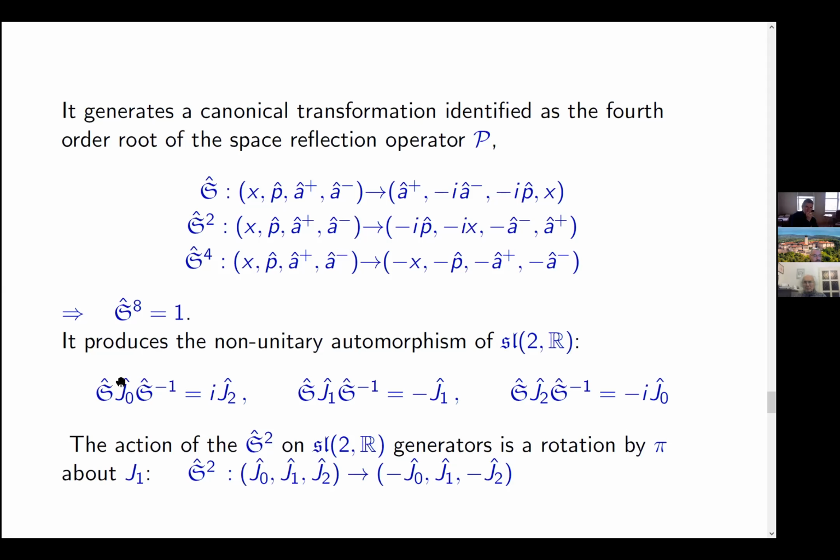Since the corresponding transformation is a similarity transformation, it does not change the form of the SL(2) algebra. So really, sigma generates a non-unitary automorphism of the SL(2) conformal algebra. When it acts on the generators of the SL(2) algebra, one can see that the square of this operator is a rotation by angle pi about the axis which corresponds to the non-compact G1 generator of the SL(2) algebra.